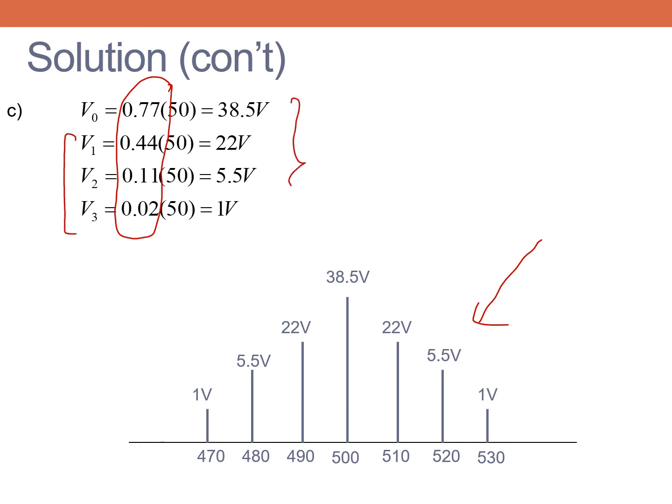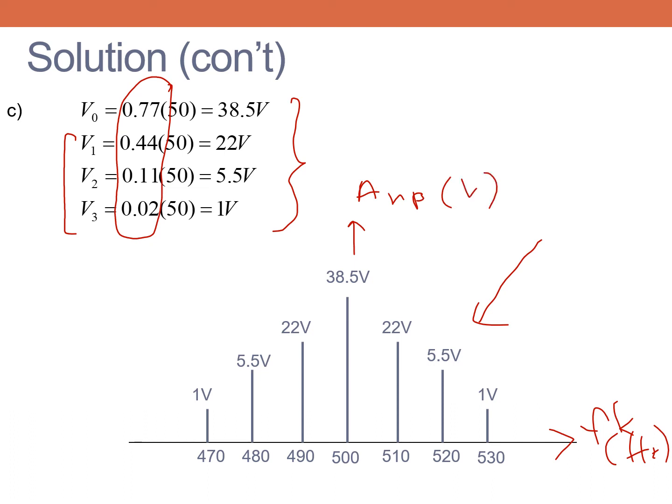So here is the modulated value. And now we draw the frequency spectrum. Here is the x-axis, frequency in kilohertz, and here is the amplitude in volts.